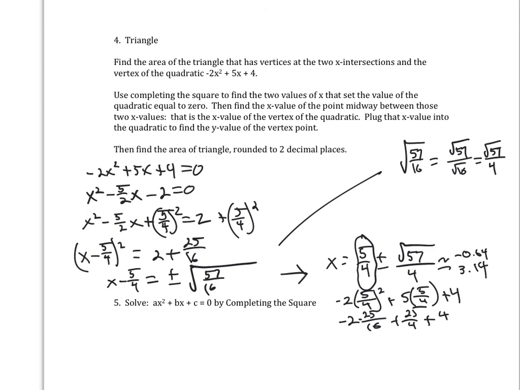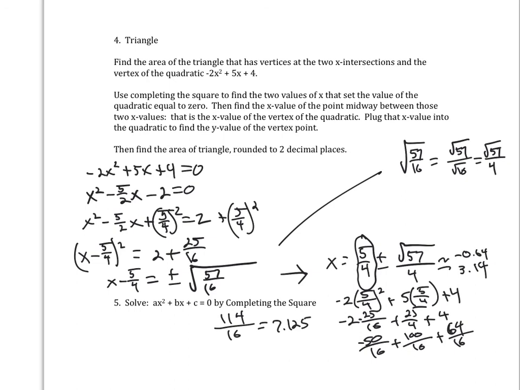That is going to give me negative 2 times 25 is negative 50 over 16, plus, we're going to make this 100 over 16, plus, we're going to make this 64 over 16, and that's going to give us a net of 114 over 16, and that's equal to 7.125.